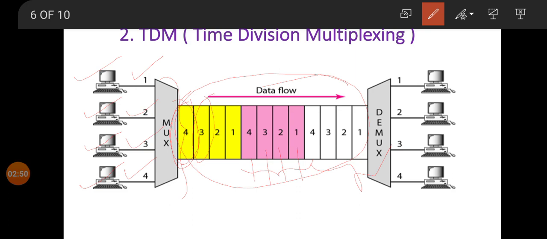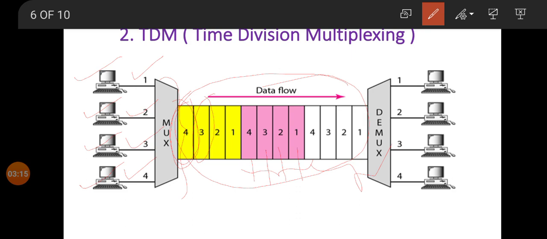So in TDM we provide the complete channel bandwidth for each user to send its signal but for a fixed time slot. That is why we call it TDM. Here frequency is not divided, instead time is divided. That is why time division multiplexing.